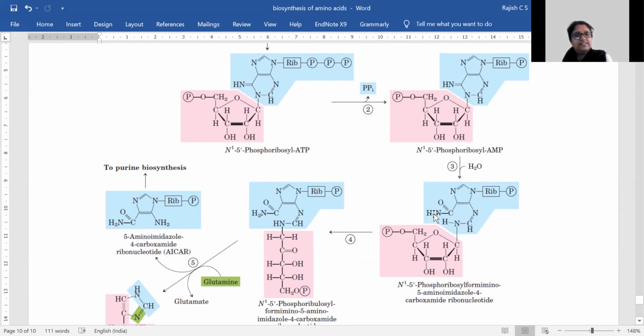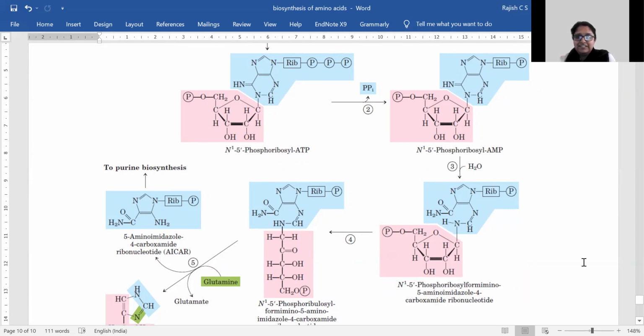So this is how the water gets added to this structure, ending up with the opening of the ring structure of the adenine in the phosphoribosyl AMP. Now that becomes phosphoribosyl 4-amino 5-amino imidazole 4-carboxamide ribonucleotide.